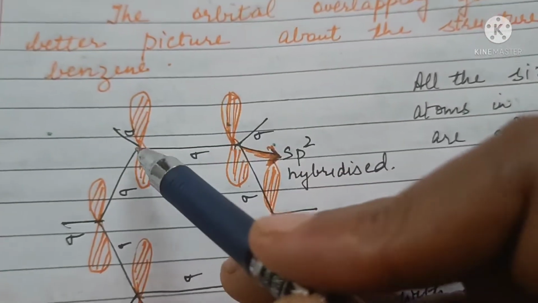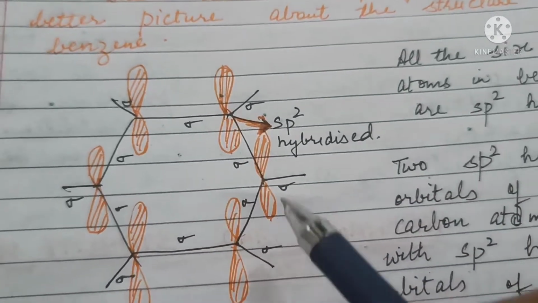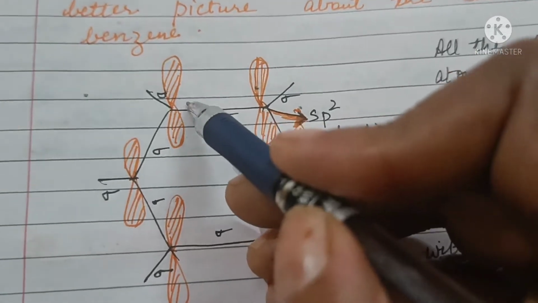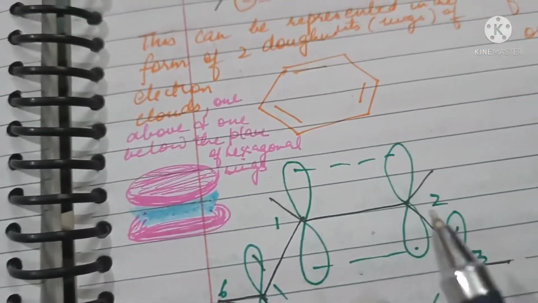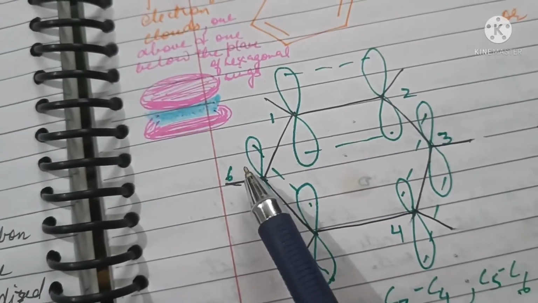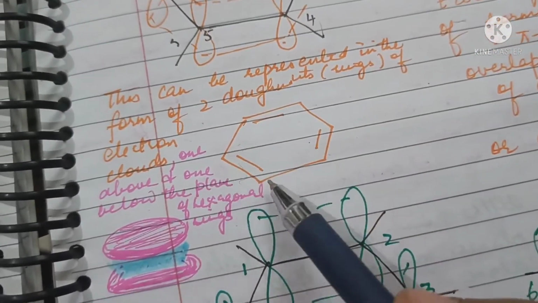Now we also have one unhybridized p orbital on each of the carbon atoms. Now these can overlap sidewise to form a pi bond. If carbon atoms number 1 and 2 are overlapping, and then 3 and 4, and 5 and 6 are overlapping, then the structure could be represented by this structure.